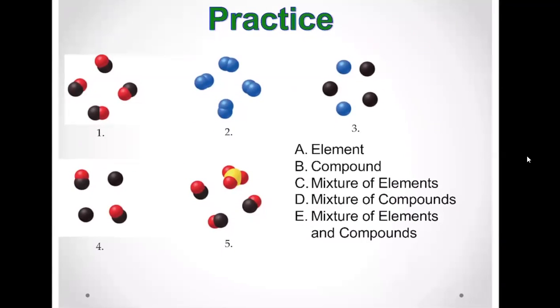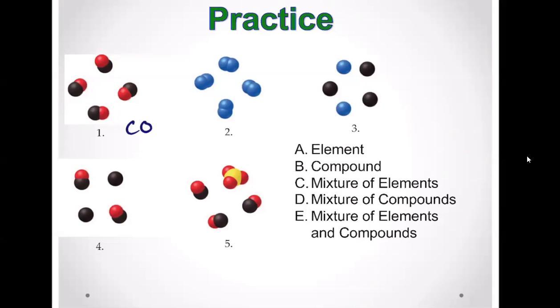Let's do a little practice using the space filling model, going back to what we learned in the last video about classification of matter. Looking at number 1, you see that you have molecules here. They're all carbon monoxide molecules.